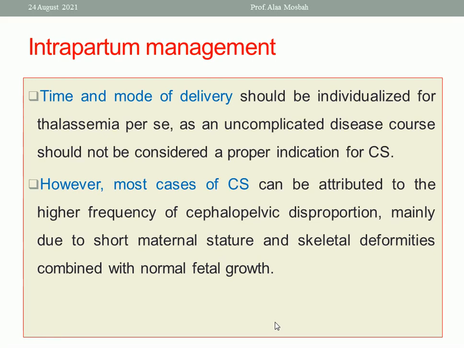So, you should give the patient the chance for vaginal delivery. But why is cesarean section done frequently in thalassemia? Mostly due to cephalopelvic disproportion, due to short maternal stature and skeletal deformities, combined with normal fetal growth. So, the cause of cesarean section here is related to cephalopelvic disproportion.